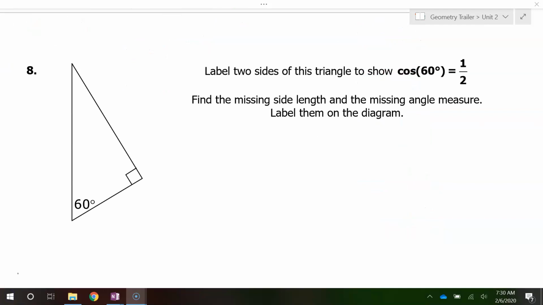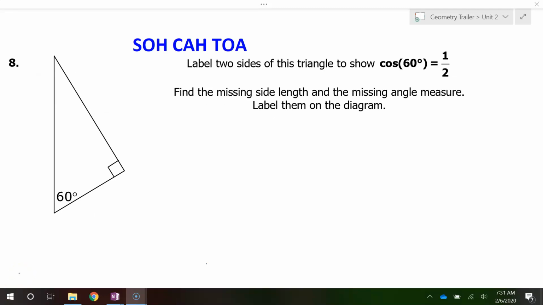Number 8 is another one that I have to do in stages. First we are supposed to label the sides of the triangle so that the cosine of 60 is 1 over 2. Let me bring my SOHCAHTOA back down.